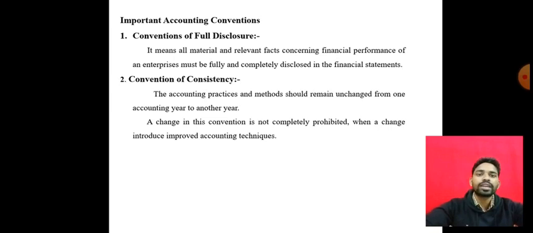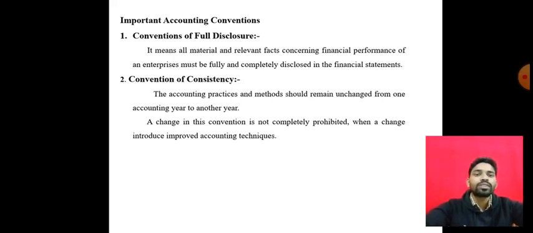Whatever transactions are taking place in the business are recorded in the books of accounts, and after recording, while preparing the financial statements, they should be disclosed in that financial statement. It will be useful for the users, whether internal users or external users.